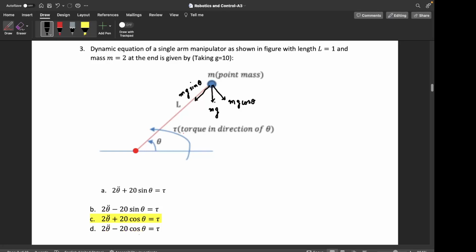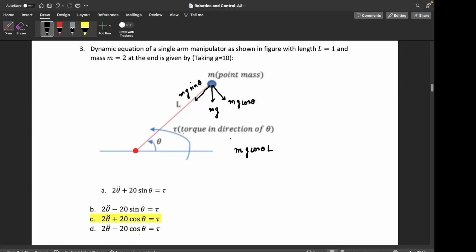So if you write the angular momentum balance, the first thing will be torque due to the weight, which is mg cos theta L, right?